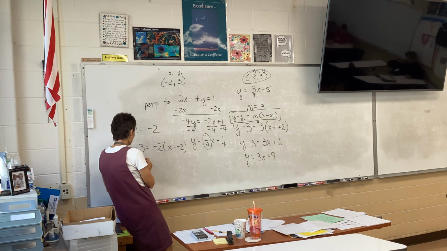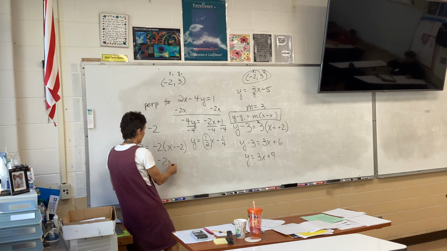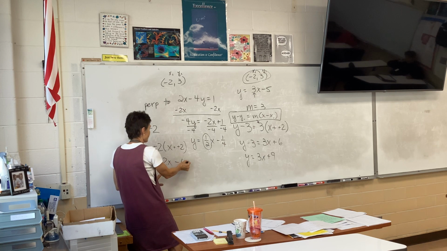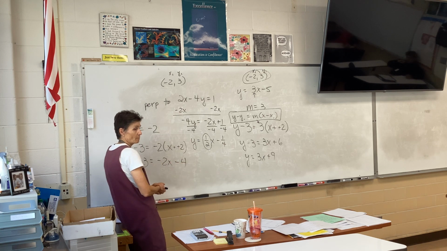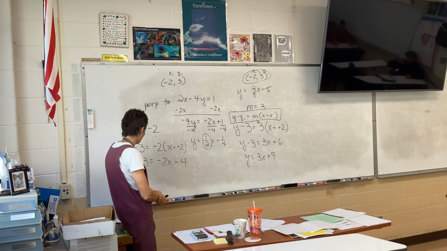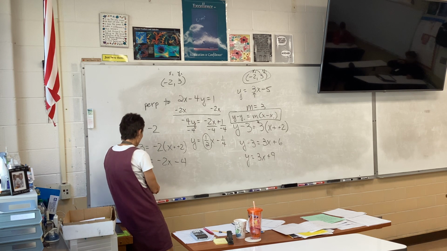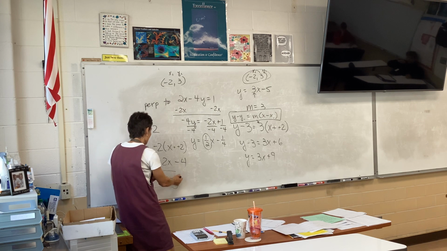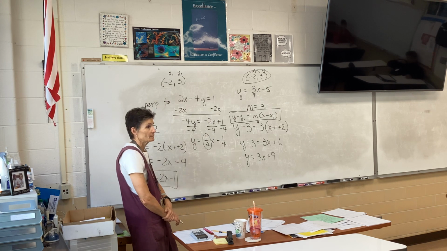So y minus 3 equals negative 2x. Oh, be careful here. That's gonna become negative 4, isn't it? It's a little bit tricky, there's a lot of negatives floating around there. We add 3 to both sides. This is what I came up with as my answer.